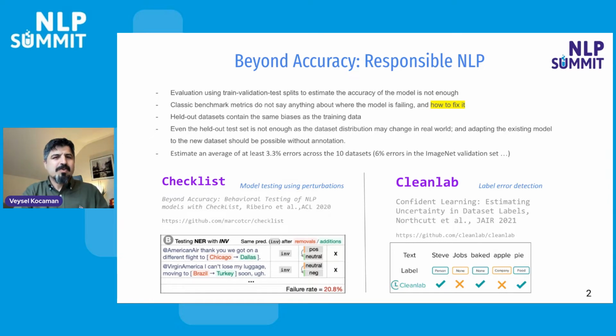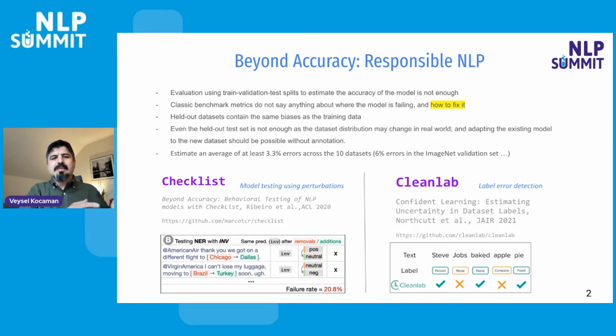The most important thing is we usually miss the fact that held out test sets, even if we don't touch them, there's no data leakage, even in an ideal condition, usually contain the same biases as the training data, because we usually have one giant data set, one decent data set, and then we split it into test, training, and validation.